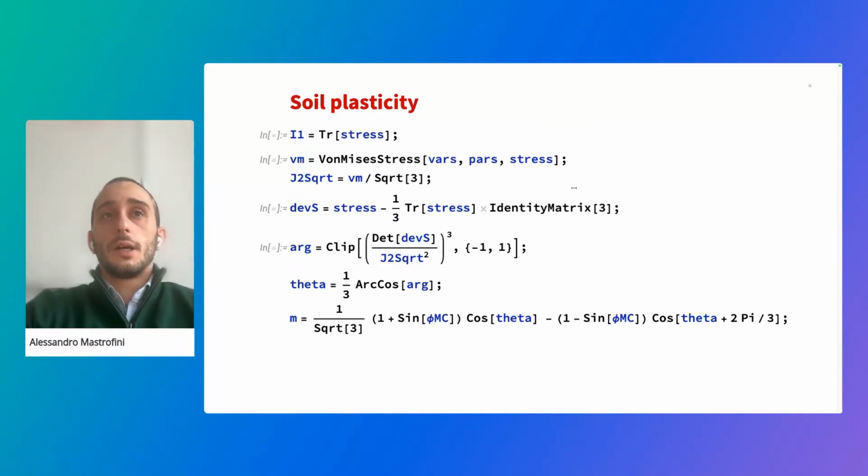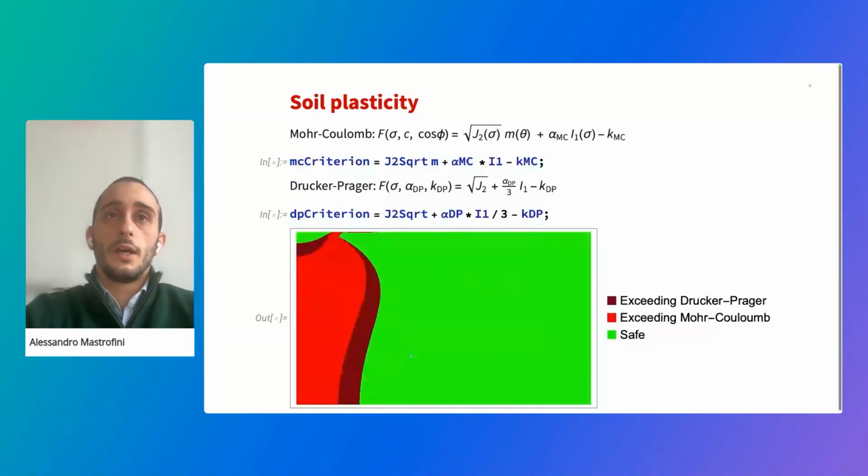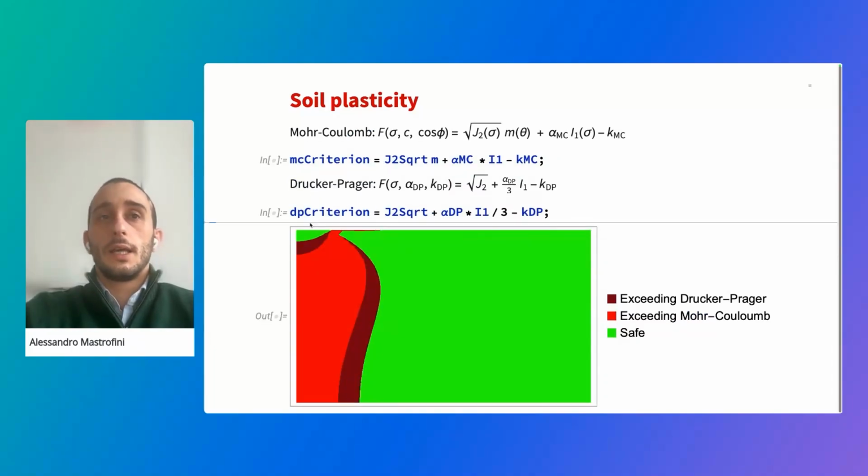Okay, let's extract some, as I said before, auxiliary variables related to the stress tensor. You can think about that as a different scalar measure related to the stress, like the von Mises stress. Okay, so we can define the Mohr-Coulomb criterion and the Drucker-Prager criterion, and we can compare them. Have a look at this plot here.